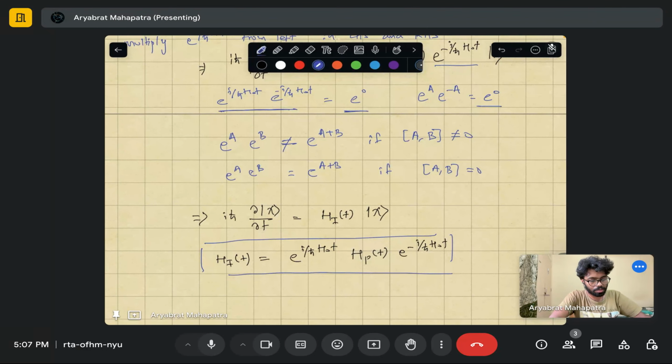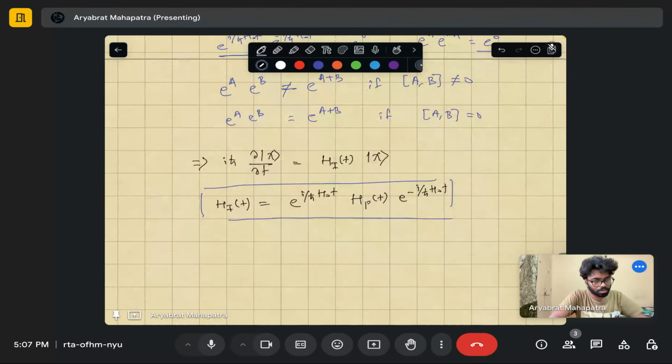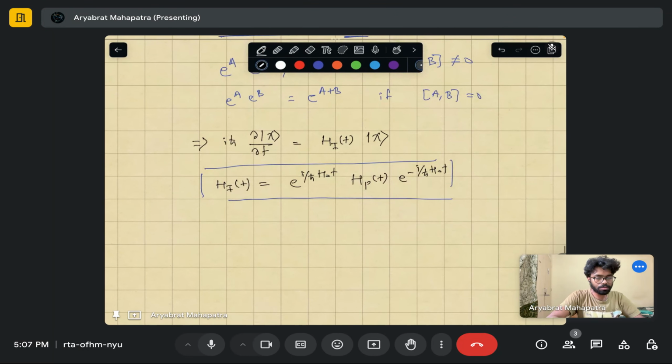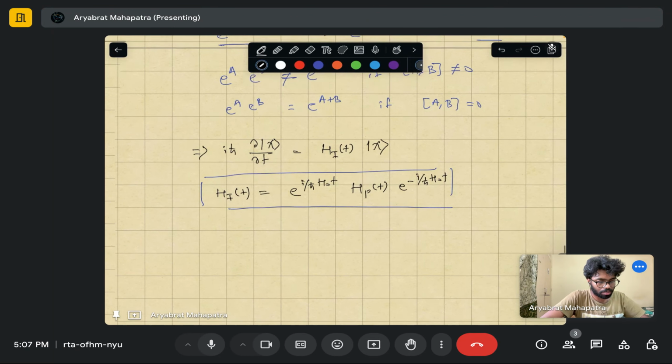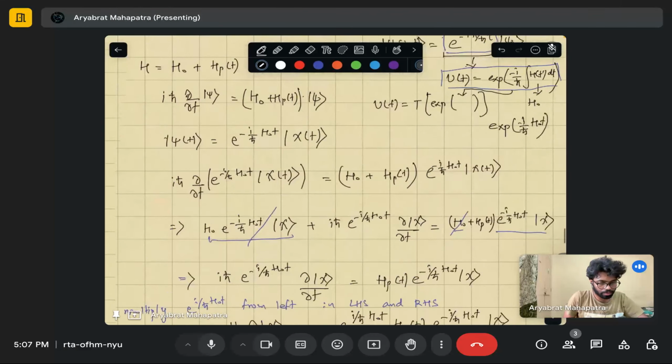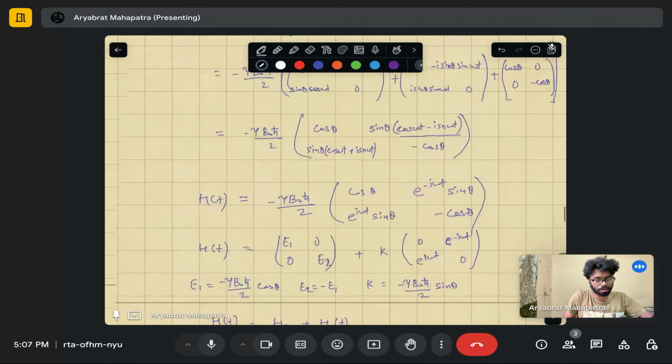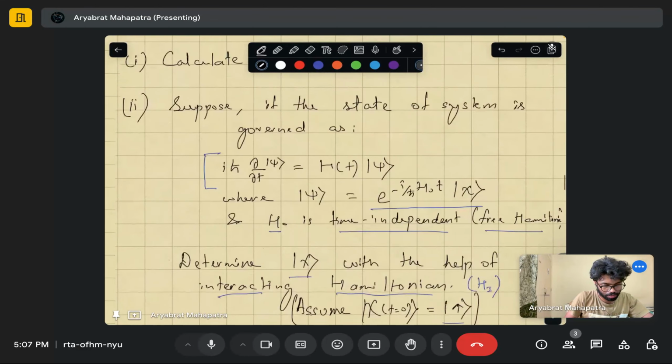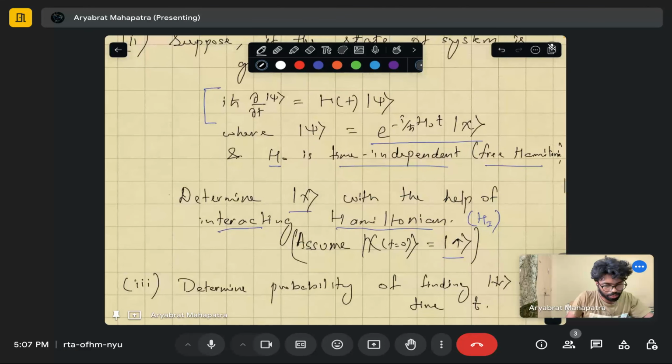So right here, using this Hamiltonian we have to calculate this chi. In the question we were looking into, we have to determine chi with the help of the interacting Hamiltonian H_I.